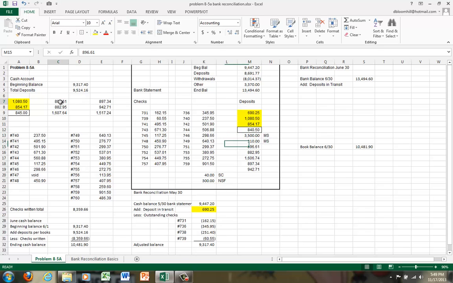896.61 matches up to 896.61. 882.95 matches up to 882.95. Note you have to be very, very careful because it's very easy to overlook digits reversed or some kind of other error. 1,607.64 and 1,606.74.